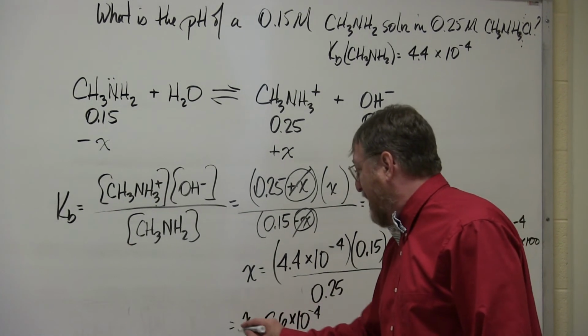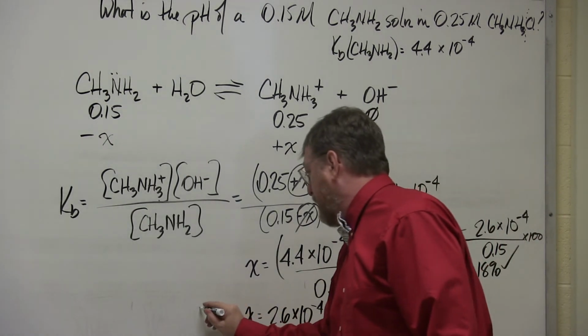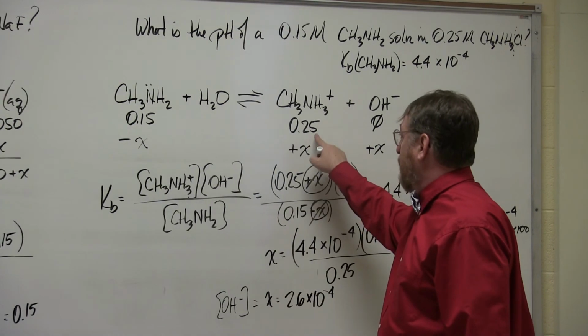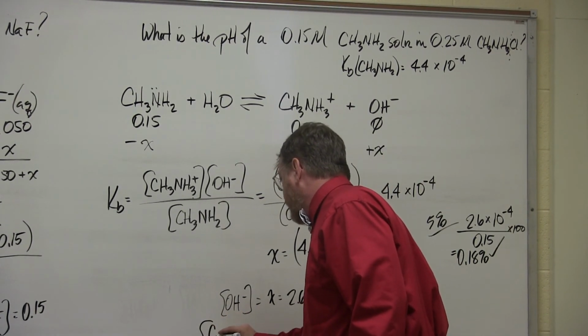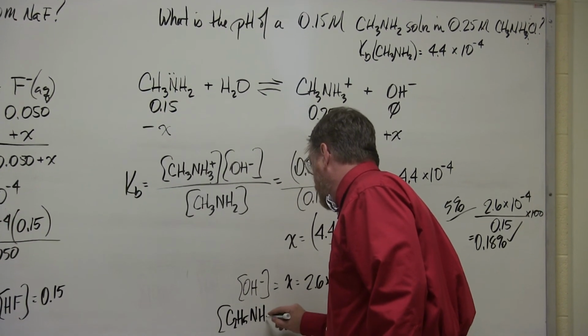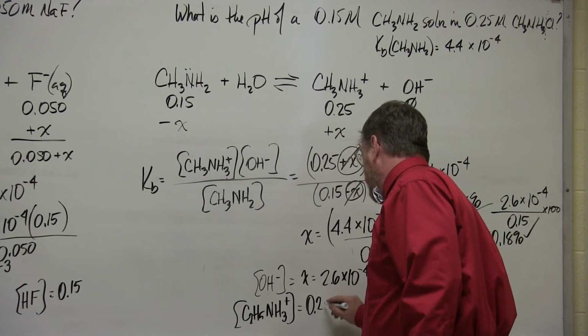Now we can look at what is X. Well, X is the hydroxide concentration. It's not the methylammonium concentration. This is 0.25 plus X, which is basically going to be 0.25. C2H5NH3 plus equals 0.25.